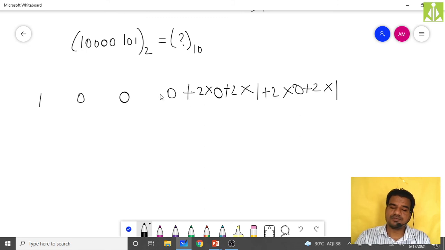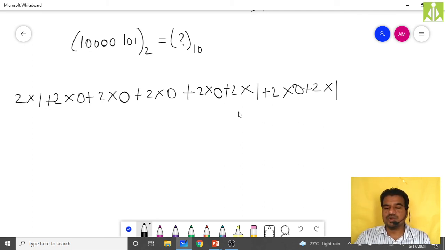So all these you have to write like this, and for the last one also you put multiplied with 2. Now move from right to left and put powers on this 2: 0, 1, 2, 3, 4, 5, 6, 7.